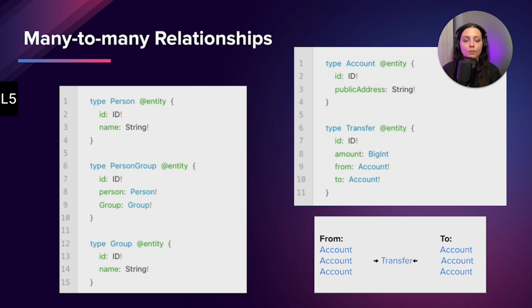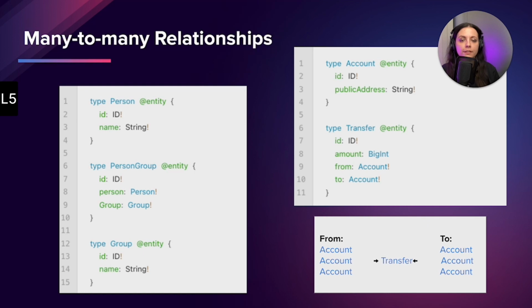And now let's take a look at the example on the right side, account and transfer. It is also possible to establish a connection to the same entity in multiple fields of a certain entity. So in this case, when we look, for example, at transfer, we see field from and field to, and in both situations we have a connection to the account entity, because a transfer is related to an account in terms of which account it comes from and which account it goes to.